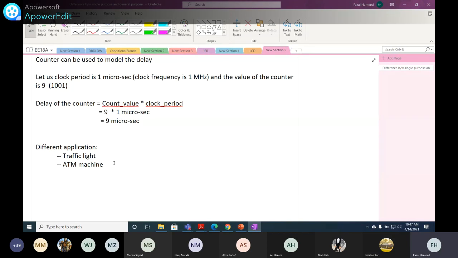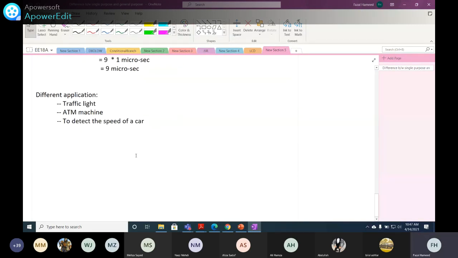So there are different examples like the ATM machine, and it can also be used to detect the speed of a car. Let's assume there is a camera on the motorway with the motorway police, and a car is approaching.